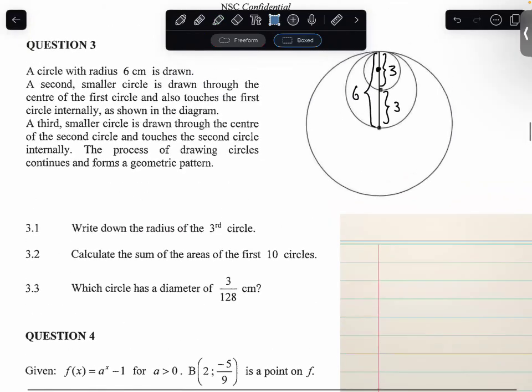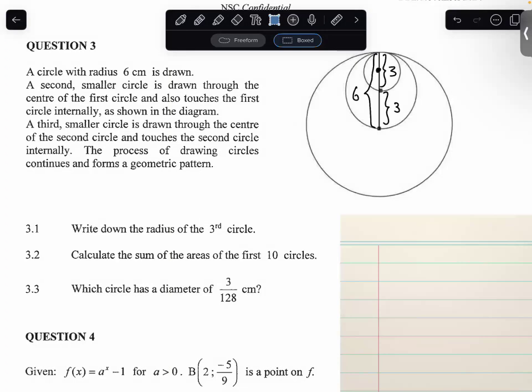So the first circle's diameter would be this radius plus that radius, which is 12. Right? So the first diameter for T1 is 12. The second diameter is this one, which in this case is 6. That's T2.